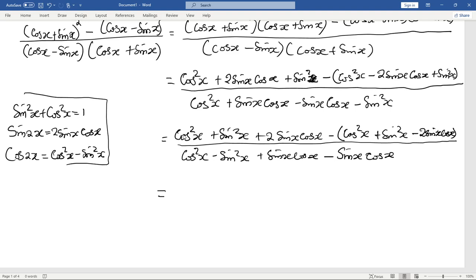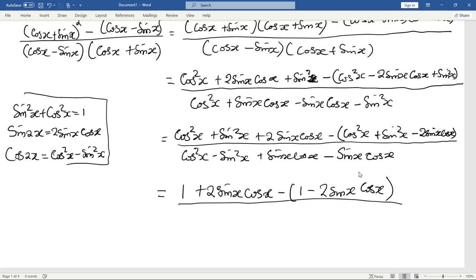So now, cos squared x plus sin squared x, we're simply going to have a 1 there, plus 2 sin x cos x, minus, inside the brackets, cos squared x plus sin squared x, we have a 1 there, minus 2 sin x cos x, divided by, below here, this term and that term will cancel, because this is positive and that one is negative.